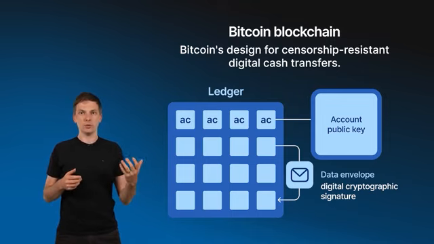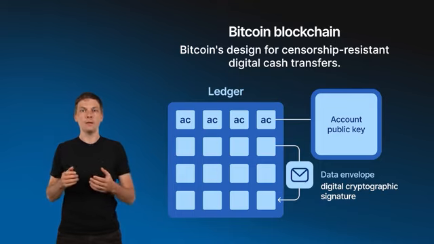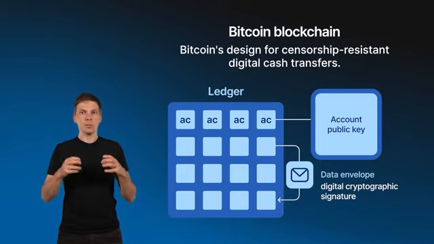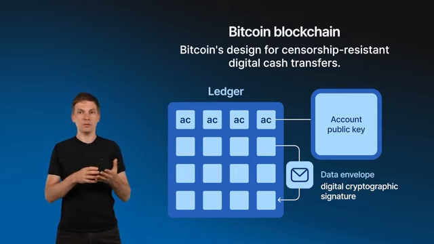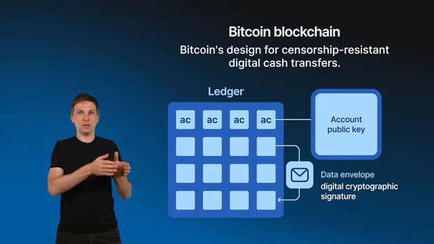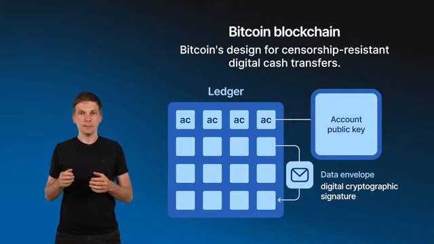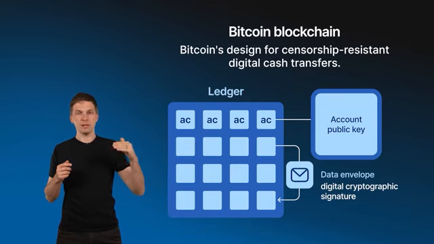And every time they want to transfer the money from their account to another, they make a transaction where they cryptographically sign this transaction with their secret key and announce to the entire network that they're transferring money from their account to someone else's.